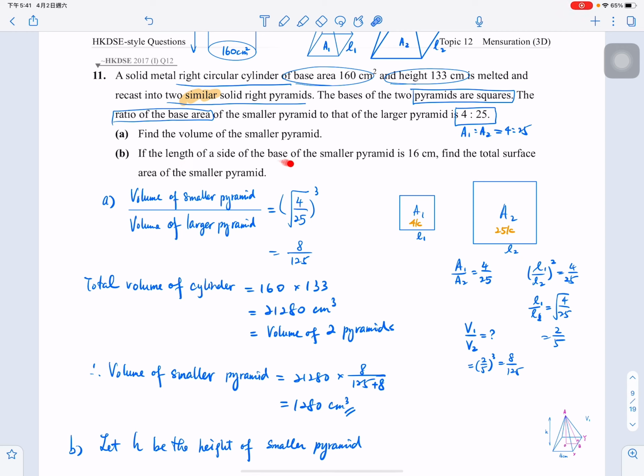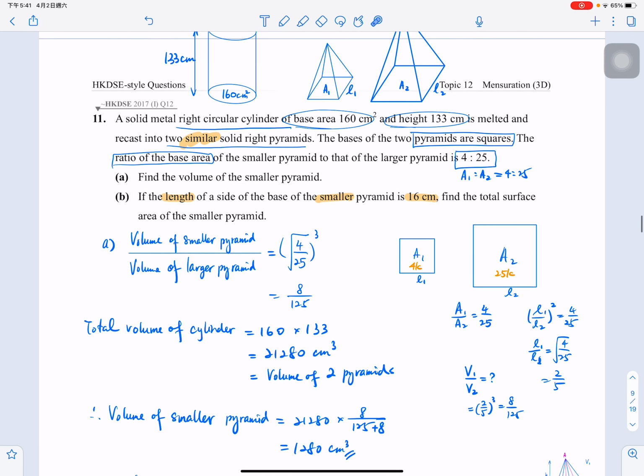If the side of the base of the small pyramid is 16, okay, the length of the side is 16 for the smaller one. Find the total surface area of the smaller pyramid.